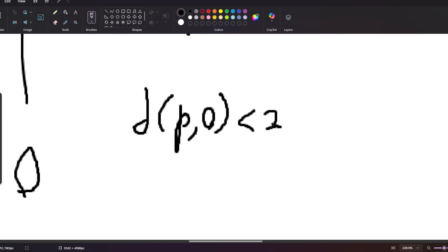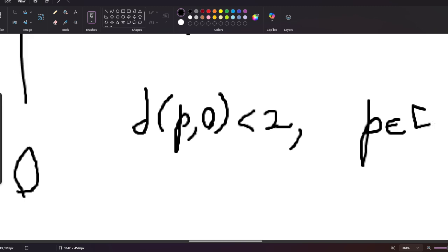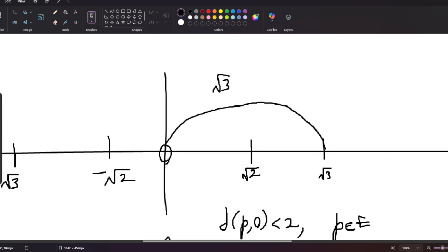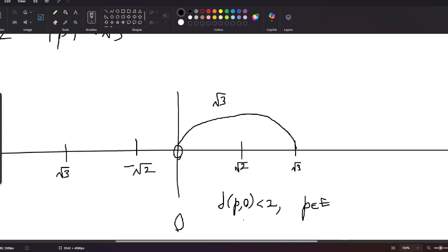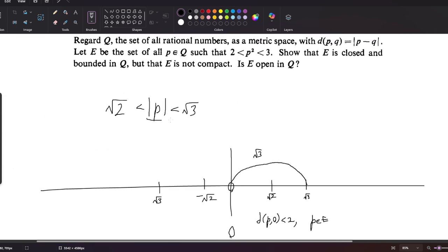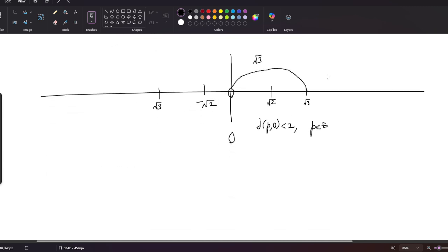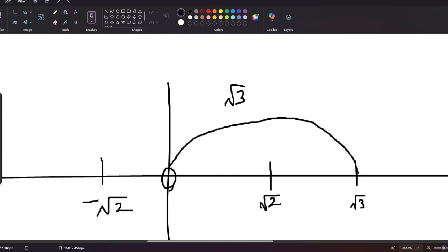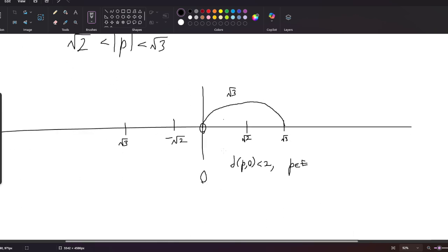So we have 2, and P lies in E. I could show this with absolute value stuff, but I think it's unnecessary when I could just show it visually really quick.